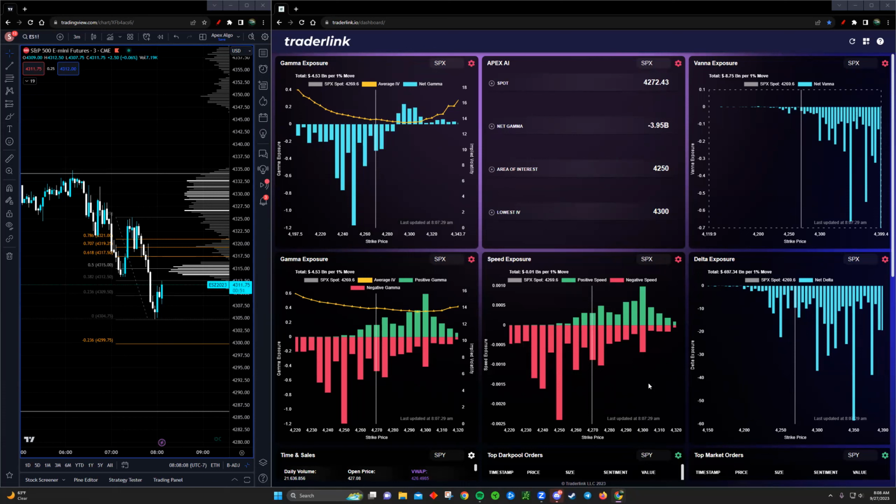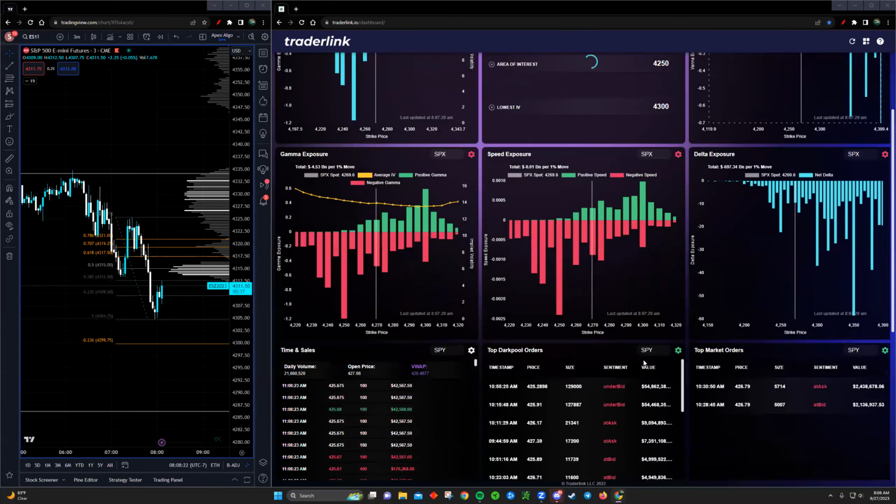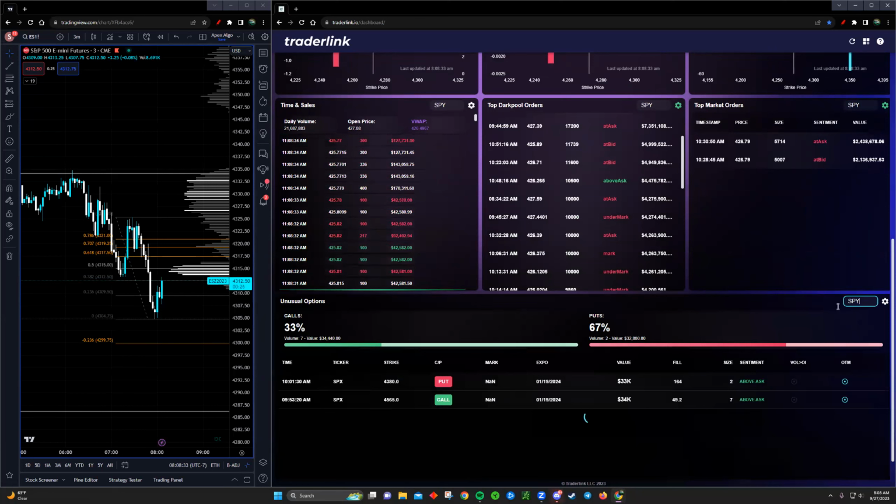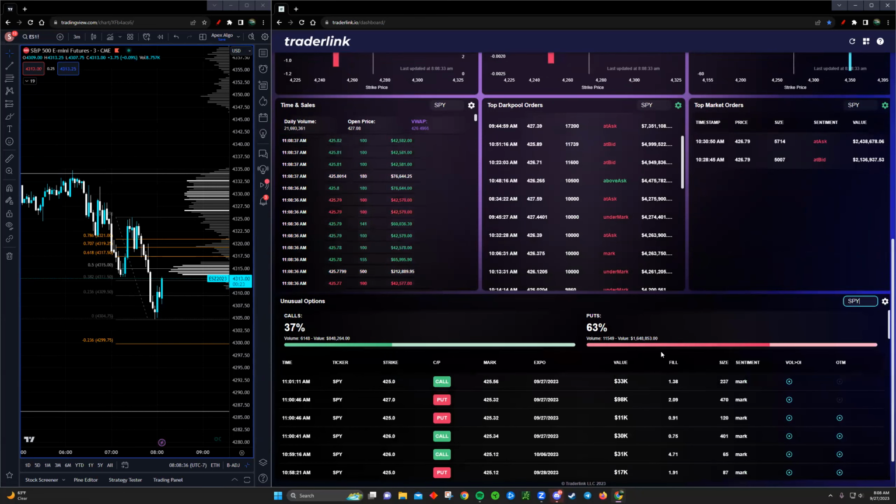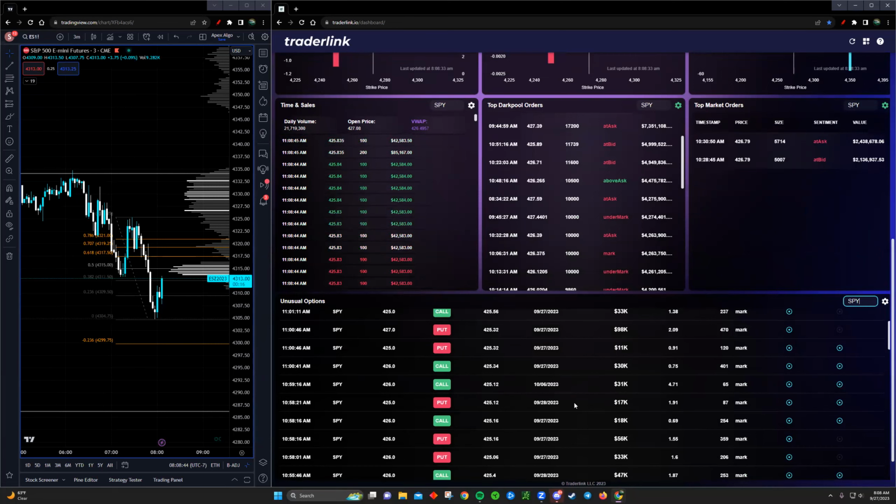It's usually take a position in the middle of the day when action's a little bit slower. More zero DTE SPY puts have been placed today.